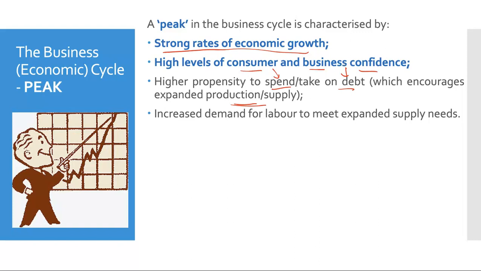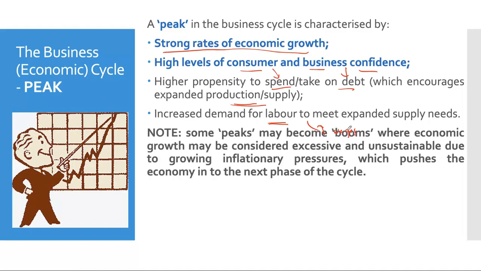There is an increased demand for labour. We need more people to work to meet expanded supply needs. This might lead to an increase in wages. Now note some peaks may be considered booms.